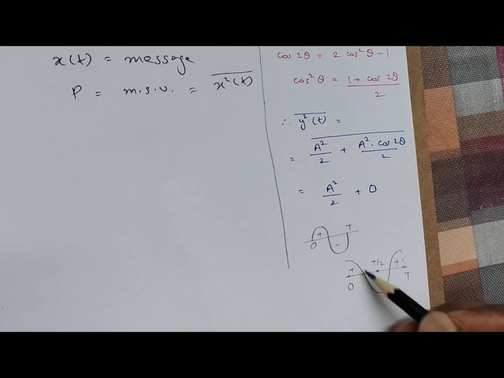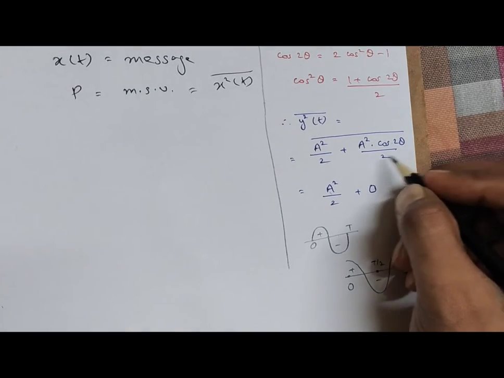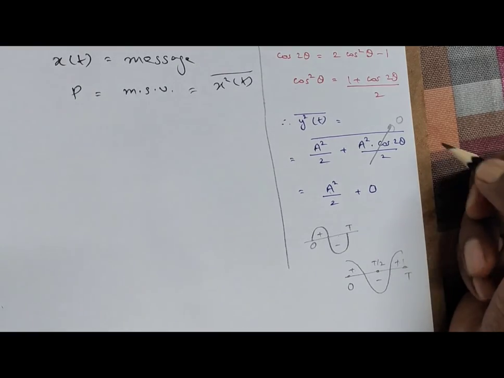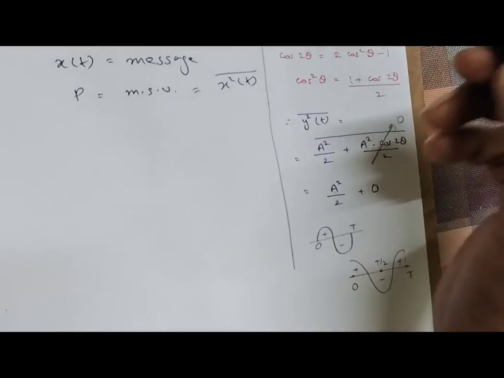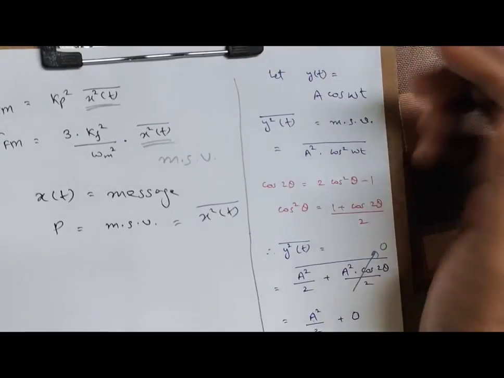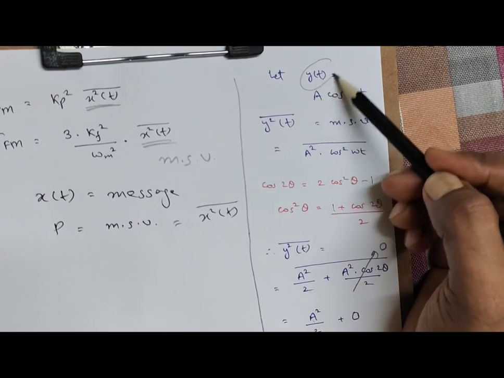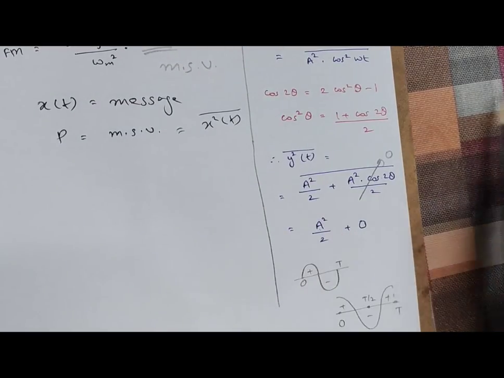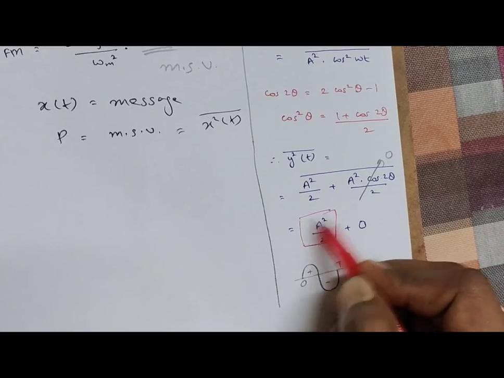So over one time period the average is 0. So this thing will be equal to 0 average. So the power of this signal is given by A square upon 2.